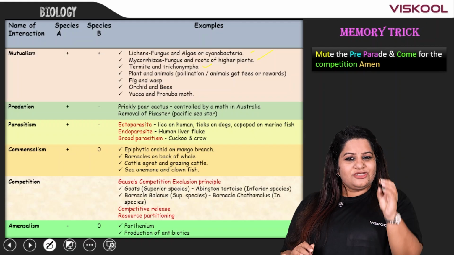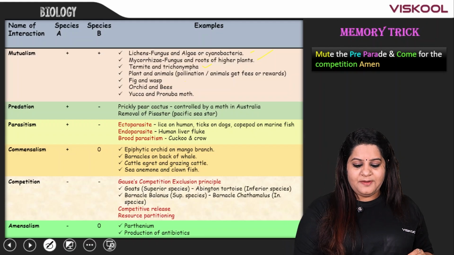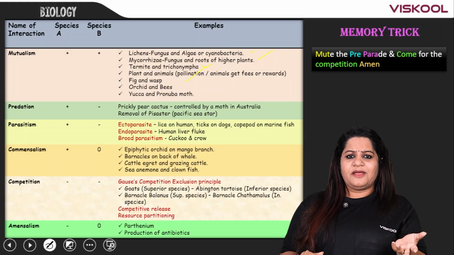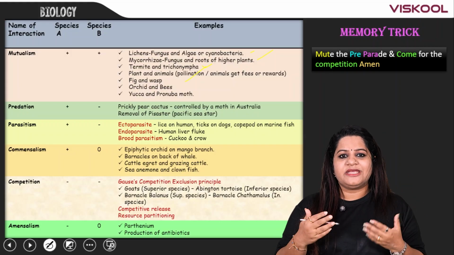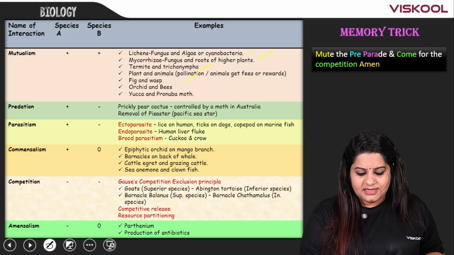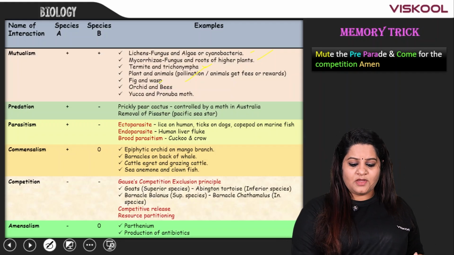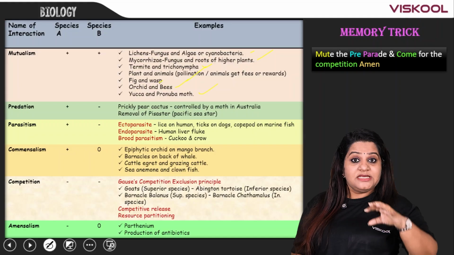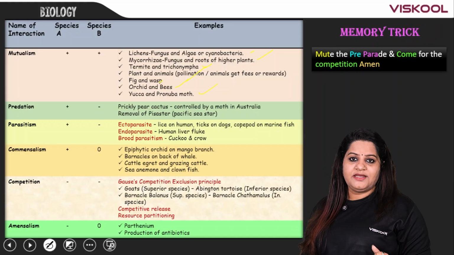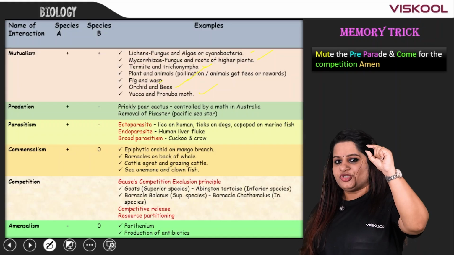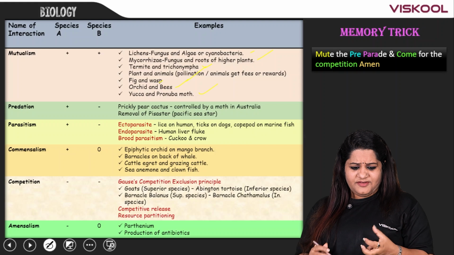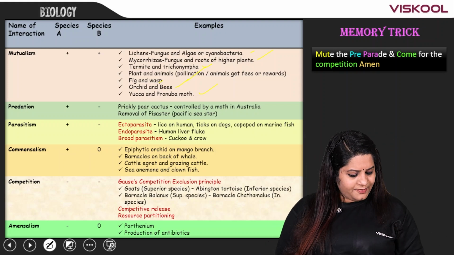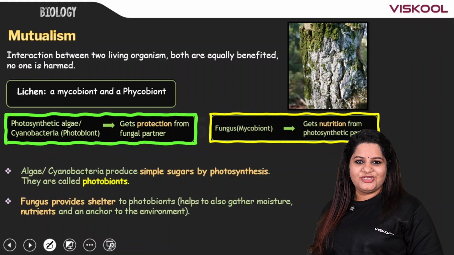Then termite and Trichonympha, and plants and animals in pollination, where plants are benefited with pollination and animals get the nectar. Then fig and wasp, orchid and bees, yucca and pronuba moth. These are the examples we have to study under mutualism. You may wonder how to study these names; I'll help you, with images.